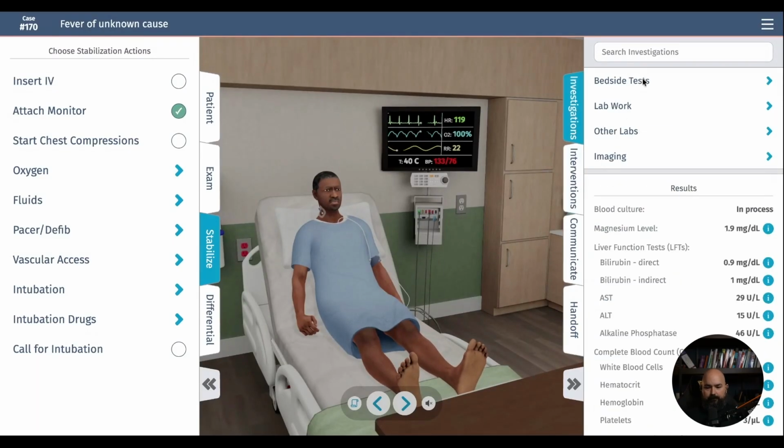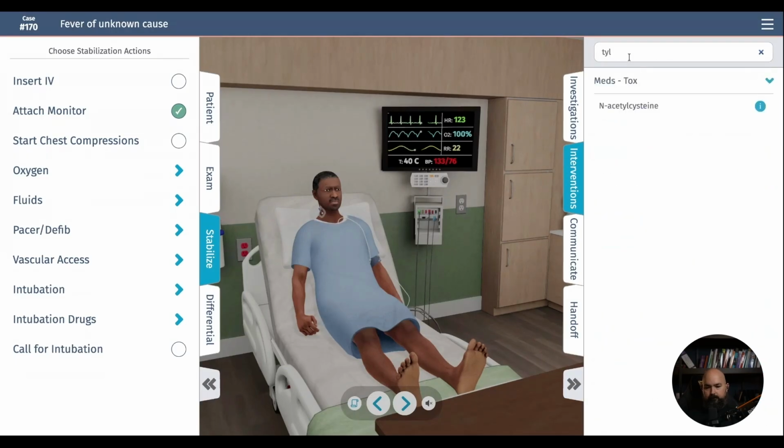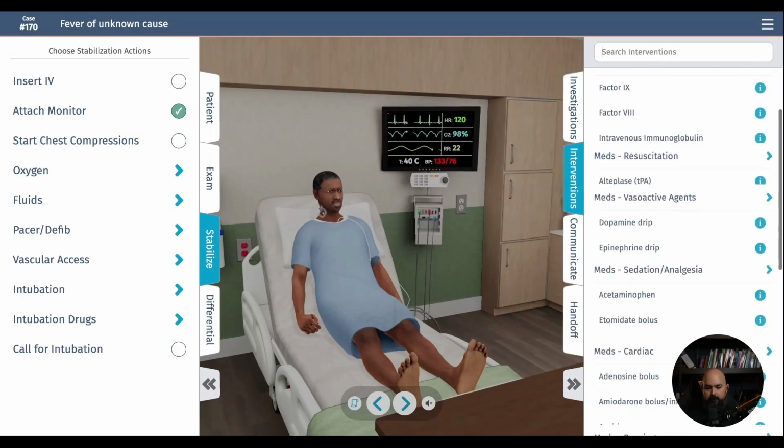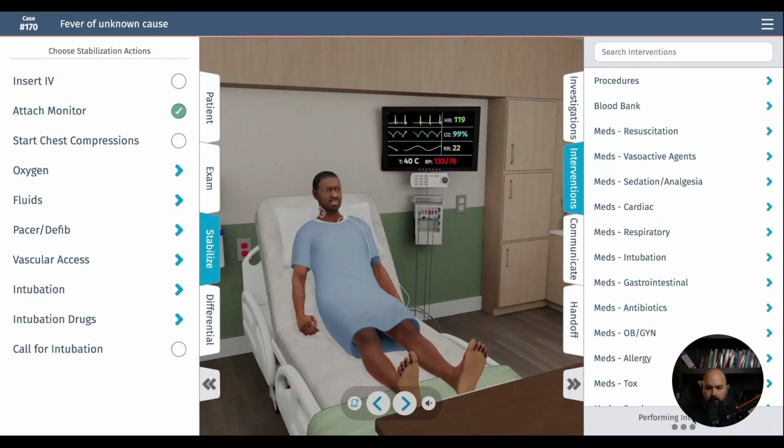We need some drugs. He is febrile, so let's give him a little bit of Tylenol. Not an option. Acetaminophen. Okay. Can have that. Sometimes too, oh yeah, temperature's normalizing pretty good.